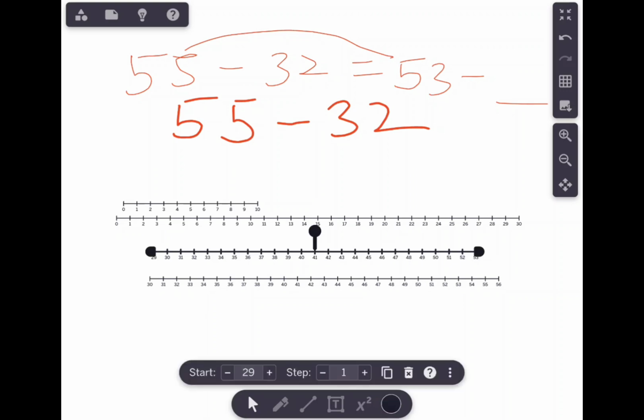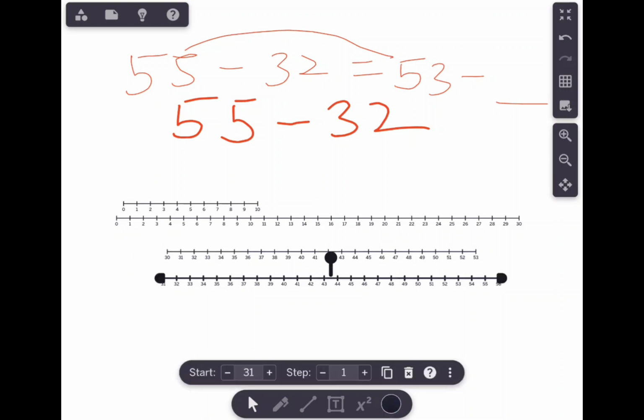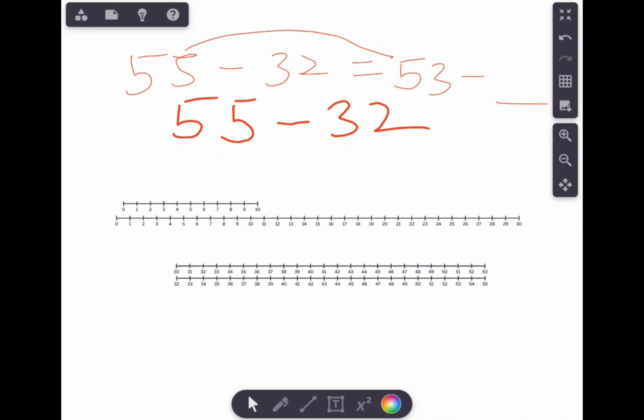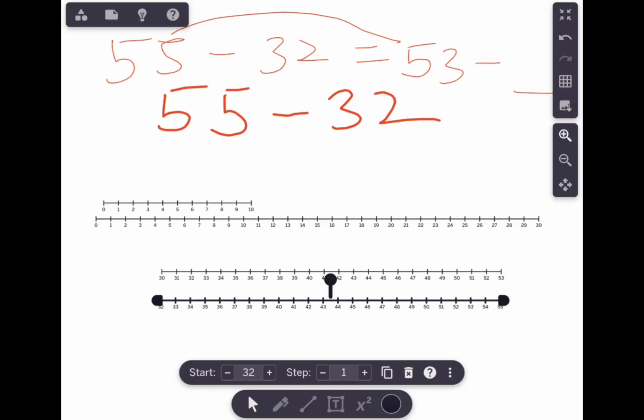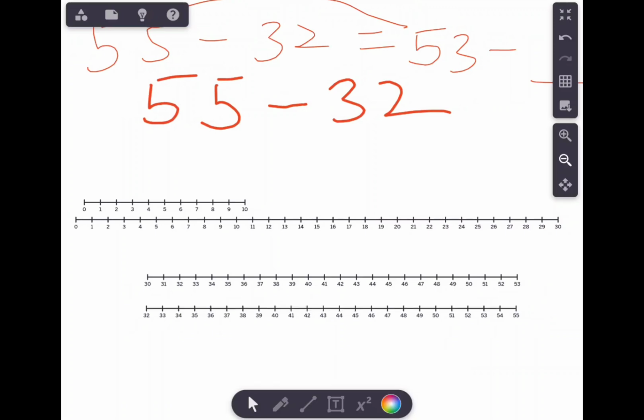If I start from 30, I will end up at 53, and if I start from 32 on the number line, I would end up at 55. So this is also one way to show the constant difference between these two numbers, and relational thinking.